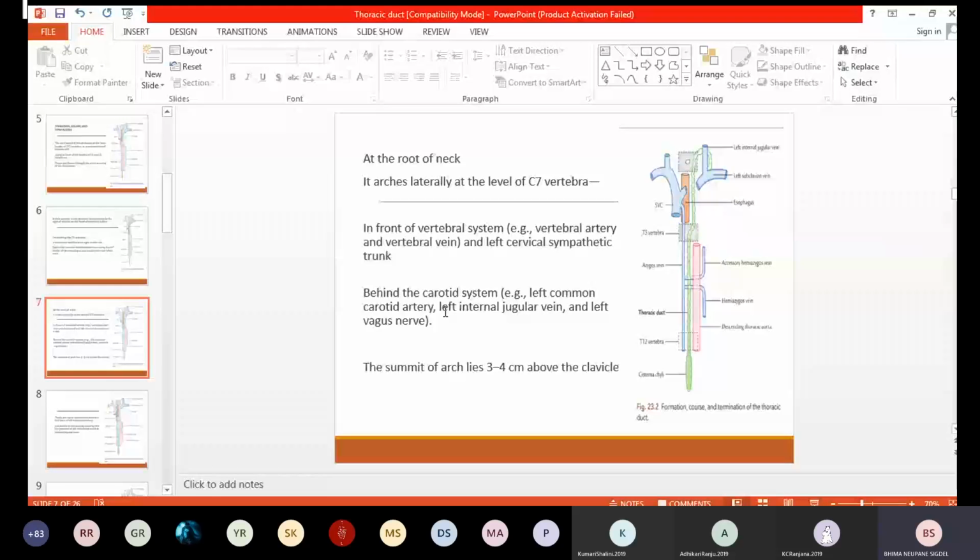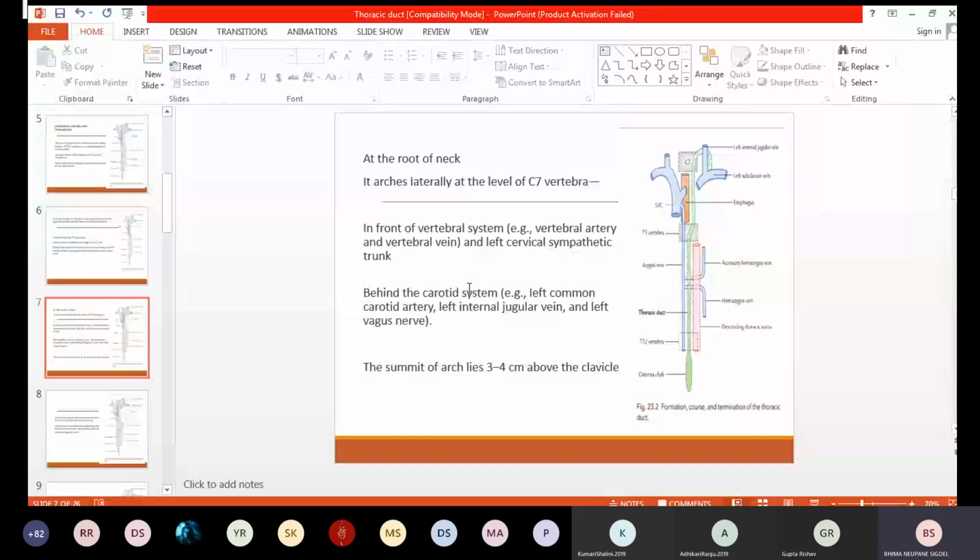Within the carotid sheath there are the left common carotid artery, the left internal jugular vein, and the vagus nerve in between the common carotid artery and the internal jugular vein, the longest nerve in our body, that is the vagus nerve.